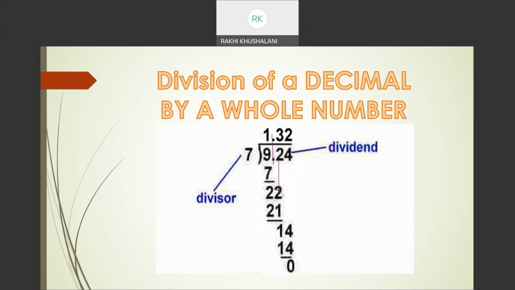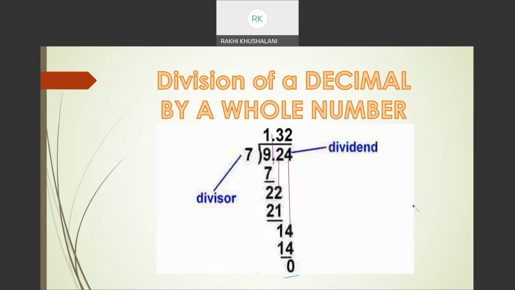I get 22. The point is right there, I am not doing anything to it. 7 into 3 is 21. Let's do the subtraction. 1 is the remainder. Bring down 4. 7 into 2 is 14. And here the remainder comes down to be 0. That means my division part is over now.